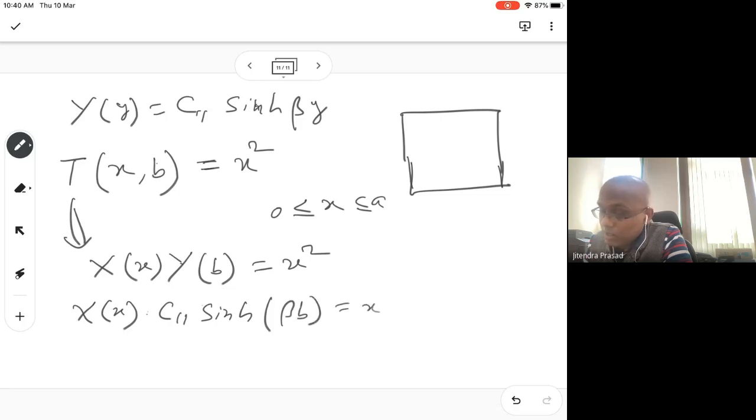So we have C11 X of x sinh beta b equal to x square.